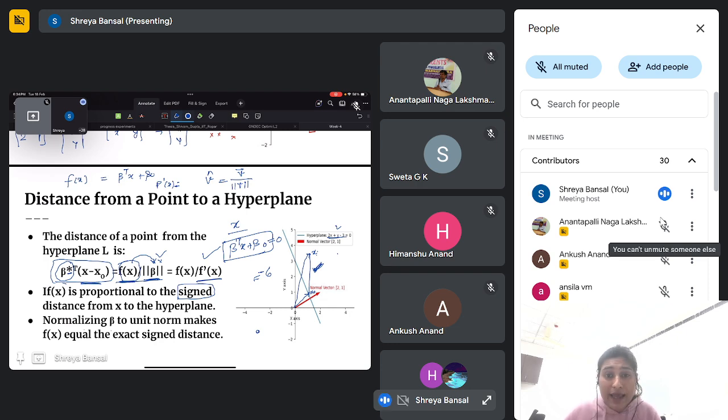But let's say this line gives you the value 6, this line gives you the value 11, this line gives you a value d. That d, depending on which point you are using here, gives you the proportional distance from that point to the line or the hyperplane. If it is positive, then it is one side of the line. If it is negative, it is another side of the line. Is that clear? This is the geometrical and mathematical view of how you can formulate your problem mathematically and geometrically.